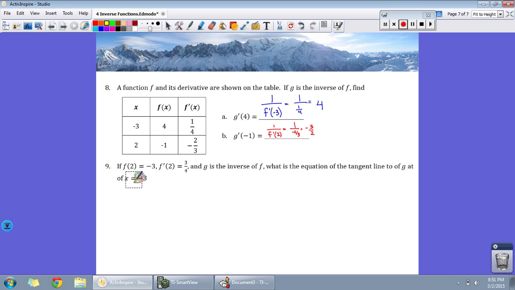So we're going to need to go backwards. So G of negative 3 is going to be 2, and G prime of negative 3 is going to be the reciprocal. And our equation of the tangent line is going to be y minus 2 times the slope times x plus 3. And if we work it out, we're going to get y equals 4/3 x plus 6.